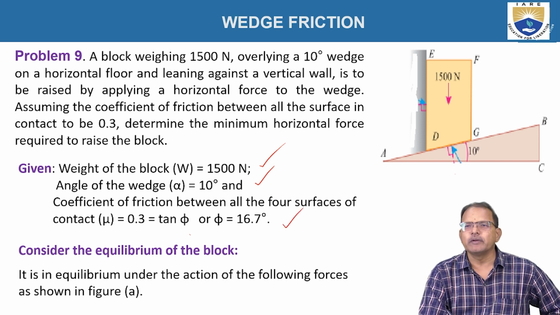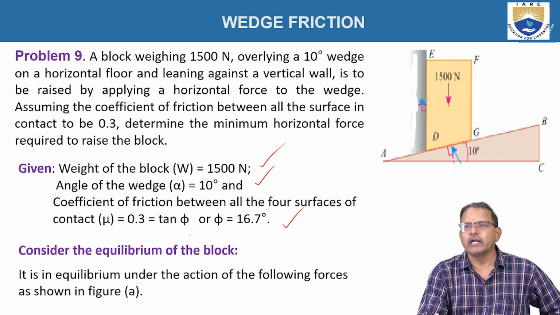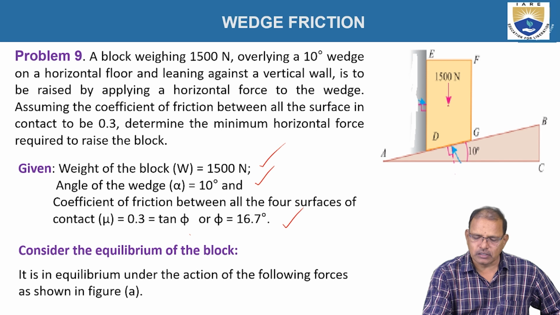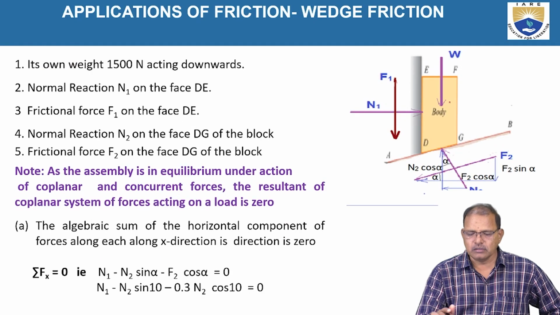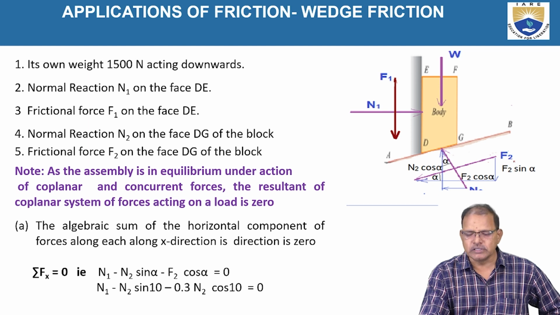Now consider the equilibrium of the block. Here are the forces acting on this block. When the force is applied on the wedge, the weight of the body is assumed to pass over the wedge toward the right-hand side.